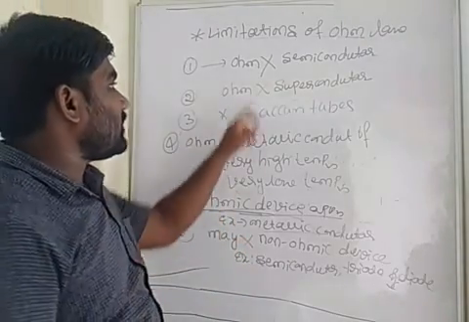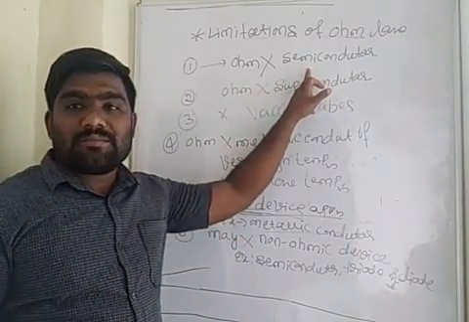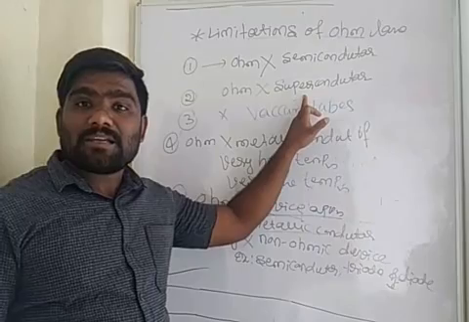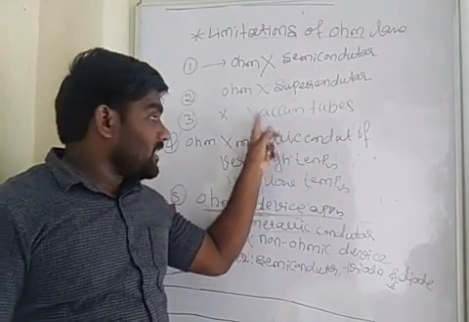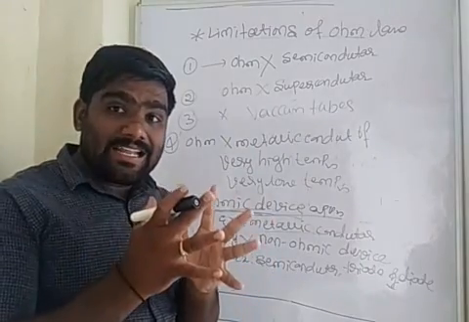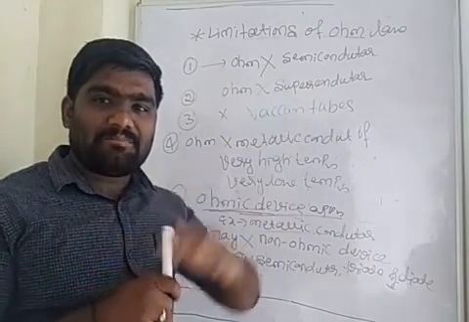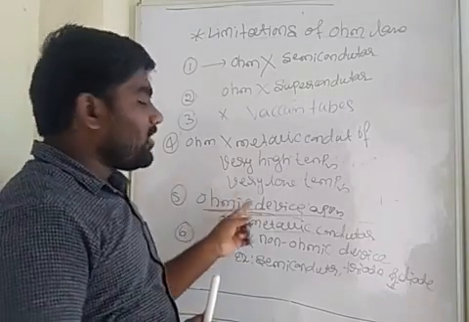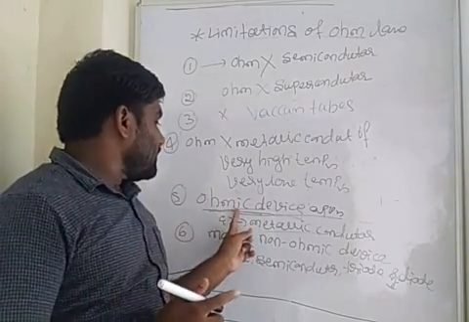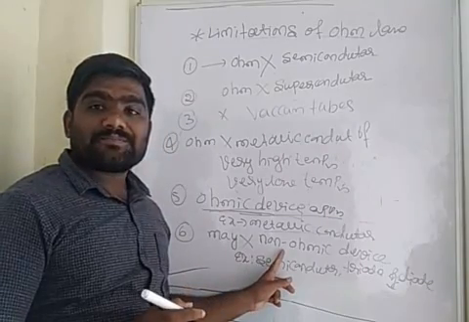First, what I told: it isn't applicable to semiconductors, superconductors, vacuum tubes, and metallic conductors at very high as well as very low temperature, and it may not be applicable to non-ohmic devices.